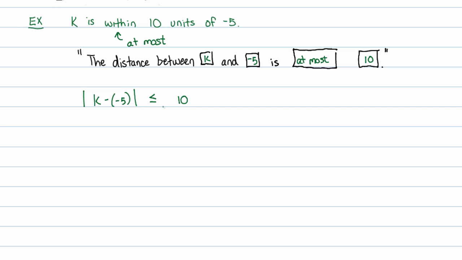The most it could possibly be is 10. Cleaning this up means that the absolute value of k plus 5 is less than or equal to 10. So this one's a little bit more challenging just because of that word within. If I had said k is at most 10 units away from -5, then it would have been a lot easier.